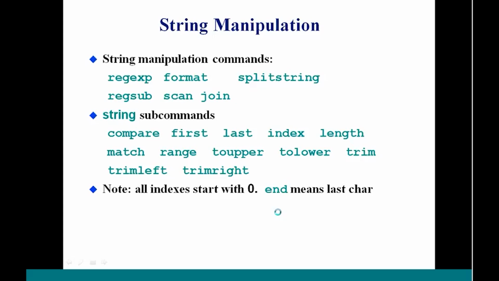String is the basic data item in Tcl, and as I also mentioned, the whole commands are parsed as strings, which are characters separated by white space. Using that we can do a lot of things. The key thing to also understand is that using strings we can do pattern matching, which I will talk about, and pattern matching is again one of the key elements in Tcl, and it is slightly different from what we saw in Perl.